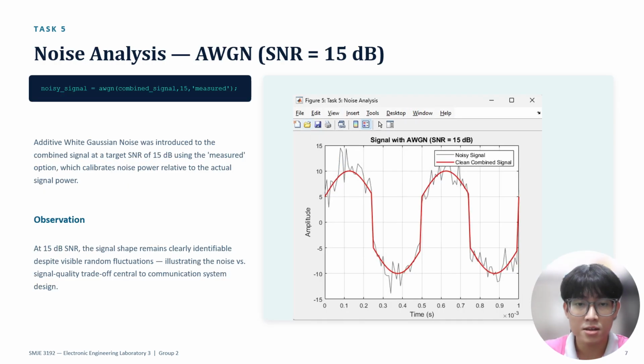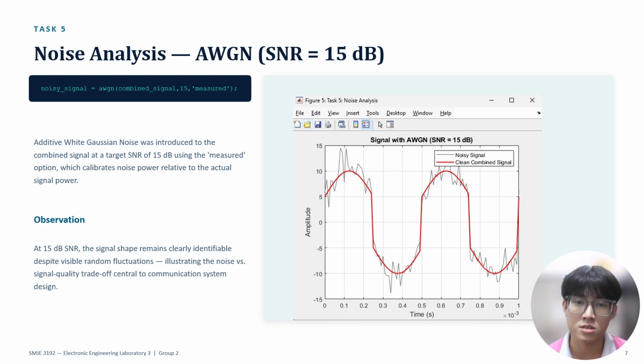And finally, in task 5, we added additive white Gaussian noise (AWGN) at a 15 dB signal-to-noise ratio. The red line represents our original clean signal, while the gray line shows the noisy version.